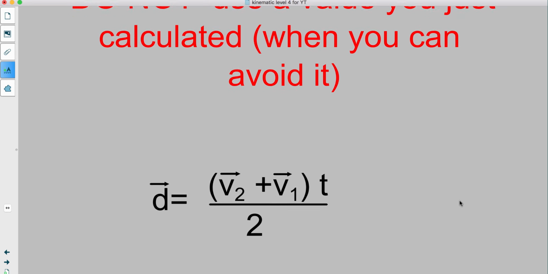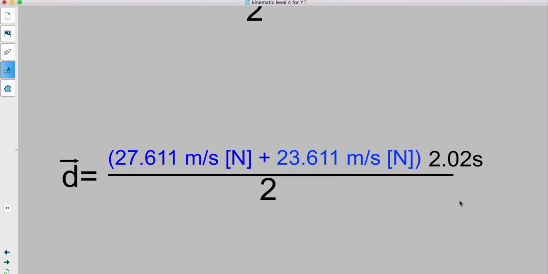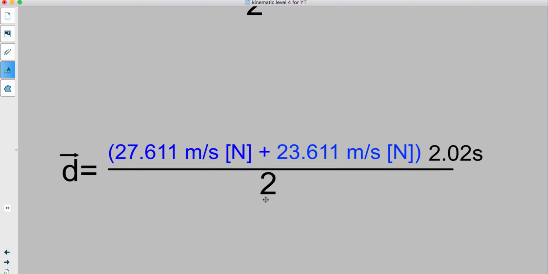So this is the equation I'm going to pick. Displacement is v2 plus v1 over t divided by 2. I sub in my numbers. V2 was 27.611 meters per second north. V1 was 23.611 meters per second north. Our time interval was 2.02 seconds divided by 2.